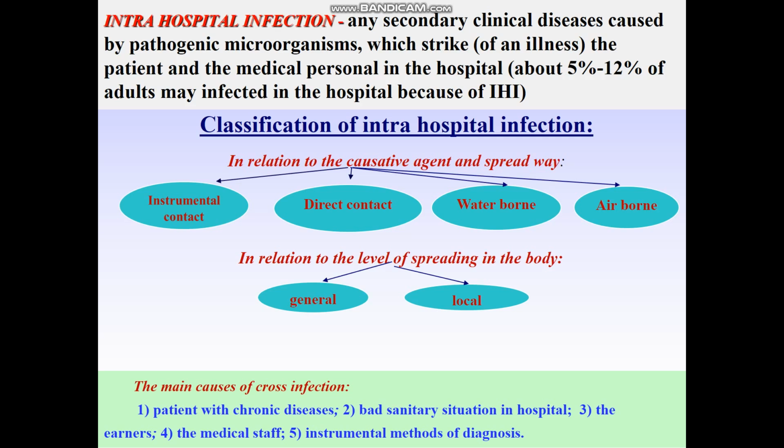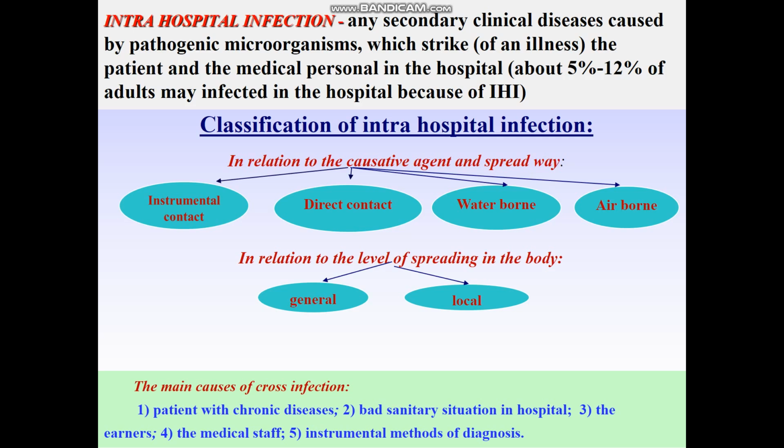First, in relation to the causative agent and spread way: instrumental contact, direct contact, waterborne, airborne. Instrumental contact, as a result of infection during operation, after birth, transfusion, endoscopy, post-trauma infection, and other causes. Second, in relation to the level of spreading in the body.